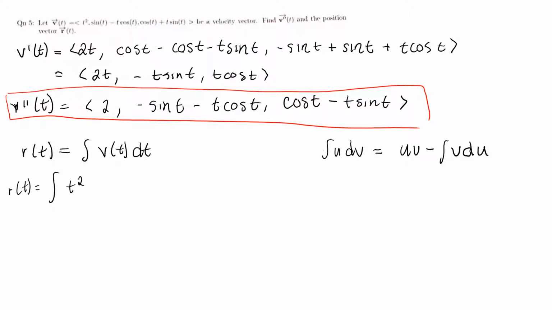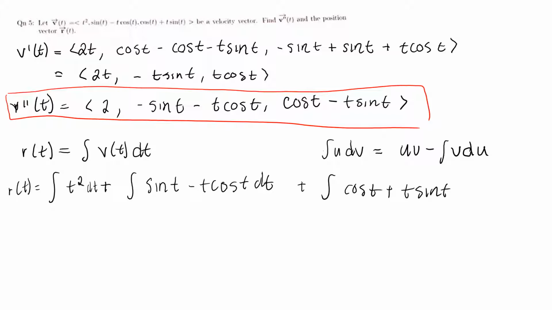So 2t, so we can go ahead and split up the integrals. So we'll have the integral of t squared dt plus the integral of sine t minus cosine t times cosine t dt plus the integral of cosine t plus t sine t dt.